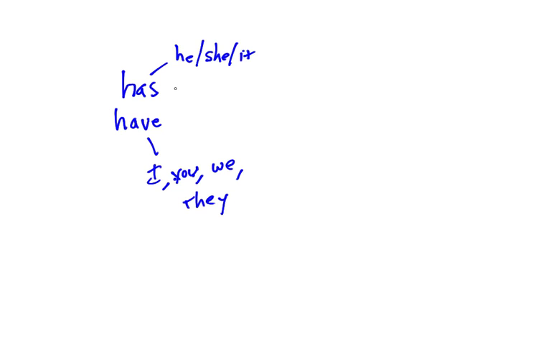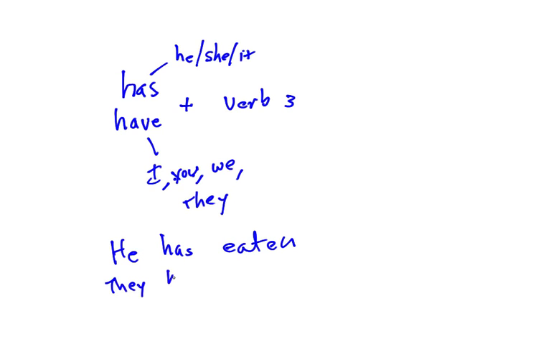So anyway, it's has or have plus verb 3, the past participle. So, for instance, we could say, he has eaten. Or, they have eaten, using the verb to eat. So, in both cases, we just use has or have, and then the past participle, or the verb 3, which in this case is eaten. So that's how to form it.